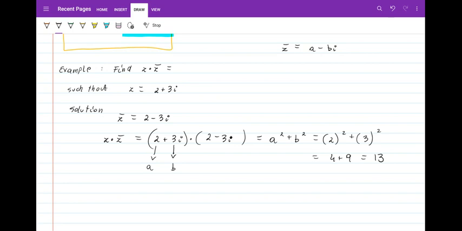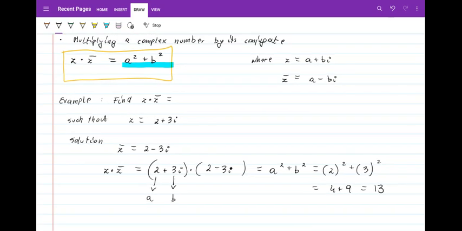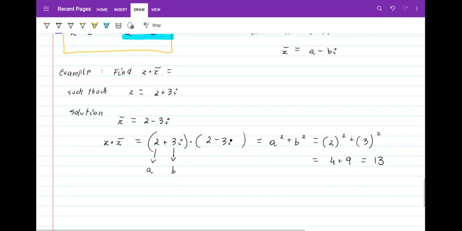So again, this is what happens when you multiply a complex number by its conjugate.